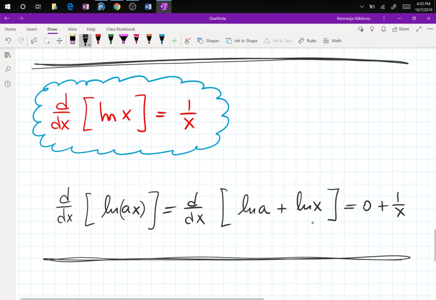So we have the derivative of the constant is 0. Derivative of x to the n is n x to the n minus 1.